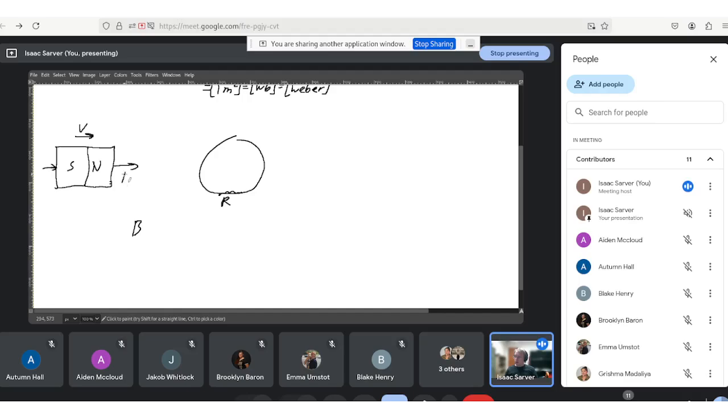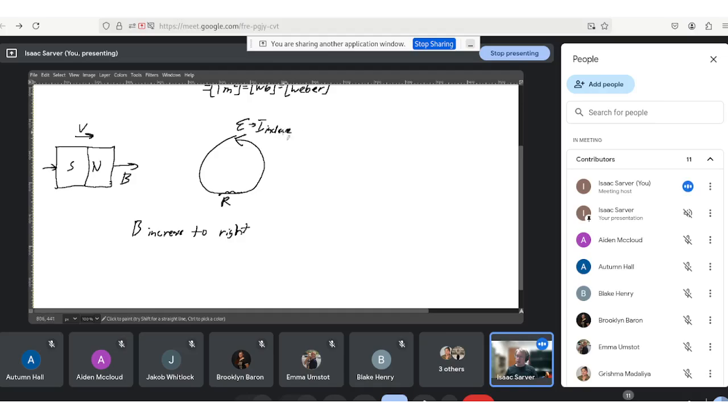So we got B here. B increases to the right, like so. So then I will have an induced EMF going this way. So we'll have an EMF that makes an I induced.